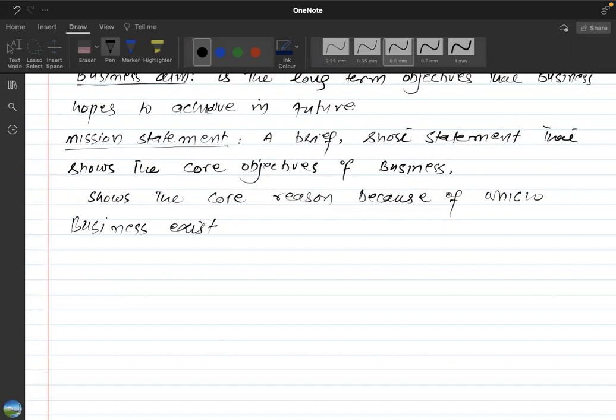Now, if you look at this statement, you will come to know that this shows some kind of social behavior of the organization: to empower every person on the planet to achieve more. This is not something related to software making, or apparently it is not, but it is something related to empowerment of the people.